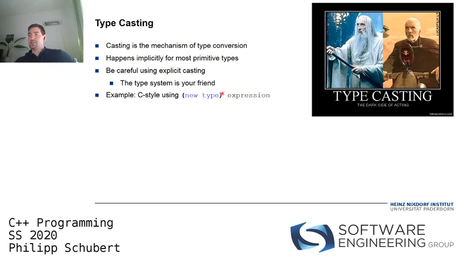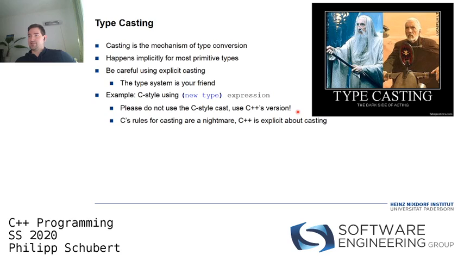And you put in parentheses your new type. Whatever that expression evaluates to, we will now interpret it as the new type that we specify here. So maybe, do we have an example? I hope so. My recommendation is, don't use the C style cast, use the C++ version.